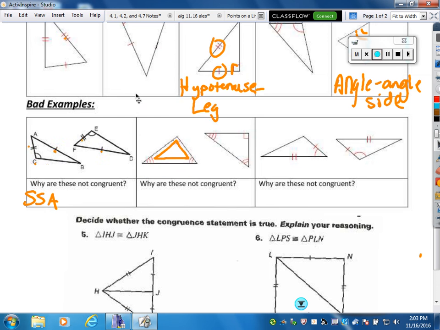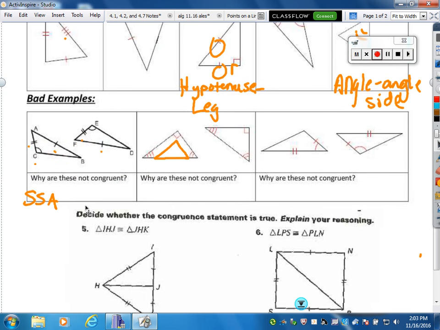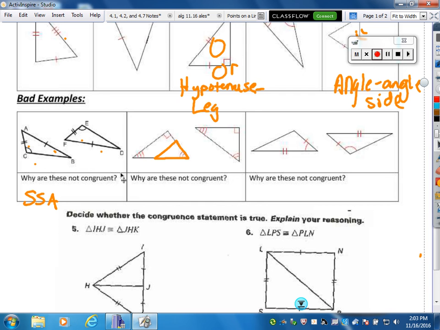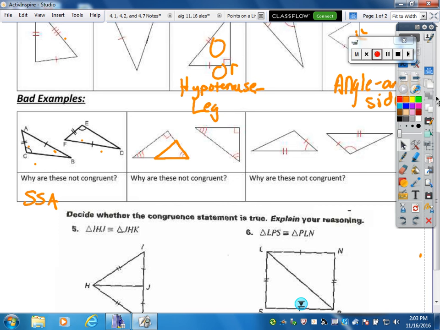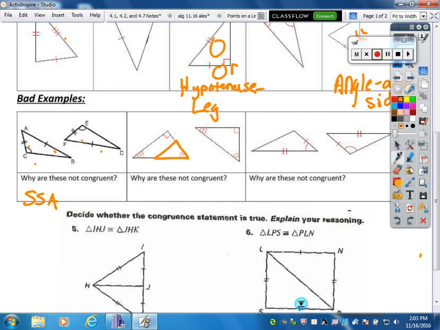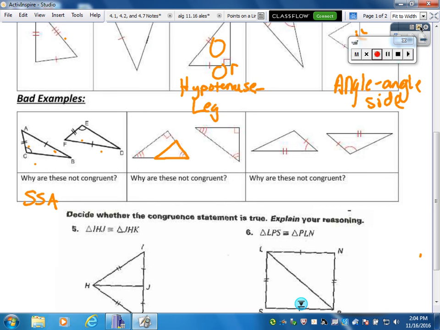So just knowing the angles is not enough to prove that those are congruent. So you need to make sure you got a side in there too. So that's AAA, but it's not a right one, so you cannot prove it with that one.